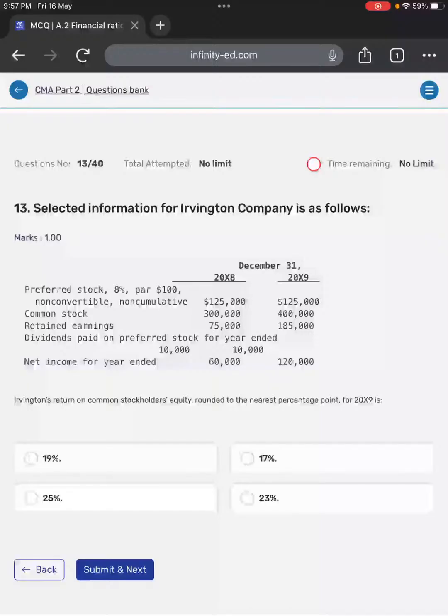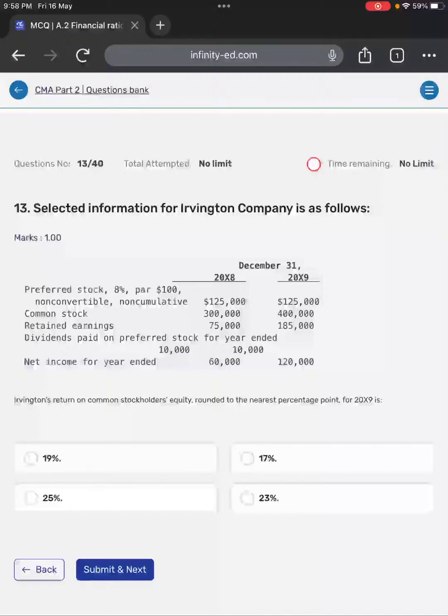Preferred stock 8% per 100, non-convertible, non-cumulative, 125,000 and 125,000 in 2008-2009. Common stock 300,000 and 400,000.